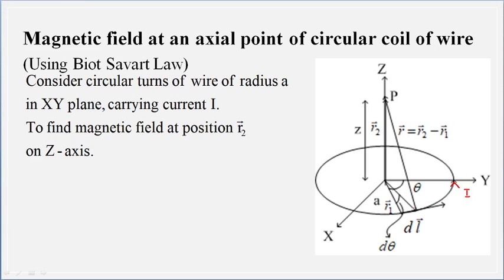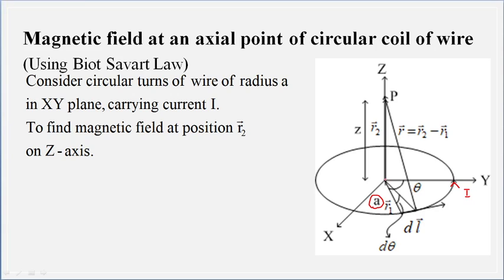It is of radius a. Then we are finding the magnetic field at a point P on the axis. Now the z-axis turns out to be the axis of this coil. What is the meaning of the axis of the coil? To this loop, drop a perpendicular passing through the center.